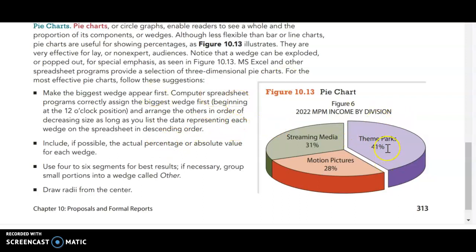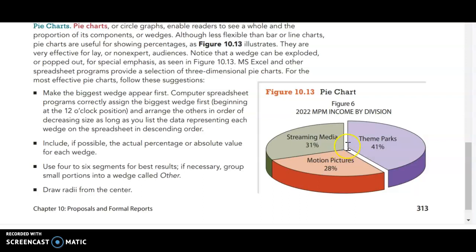So right here. You want to include the actual percentage or the absolute value of each wedge. You want to use 4 to 6 segments for best results. So try not to get too many in there. And if you have really small percentages, you can put them all together as other.